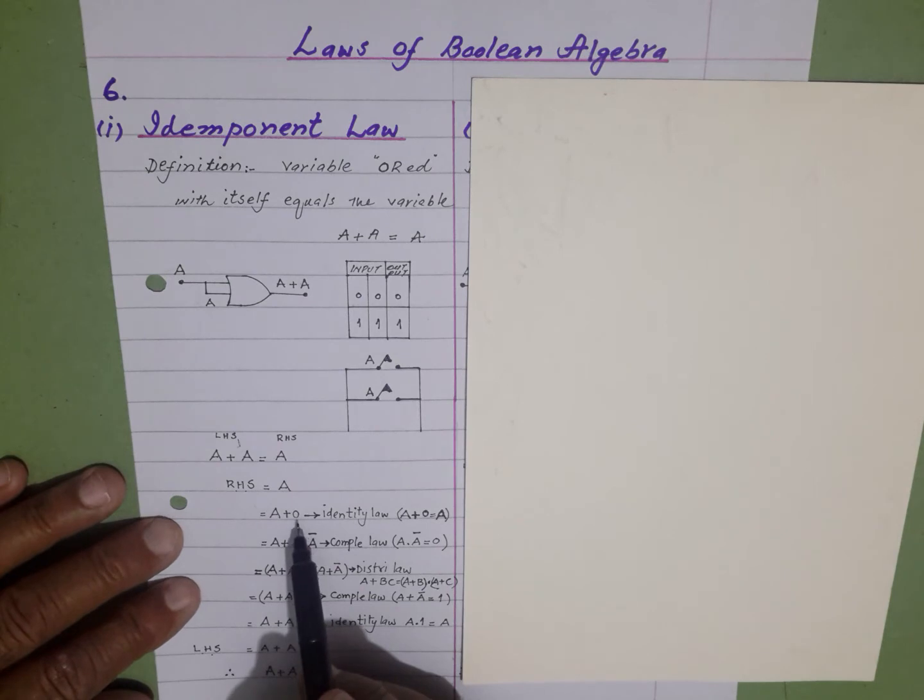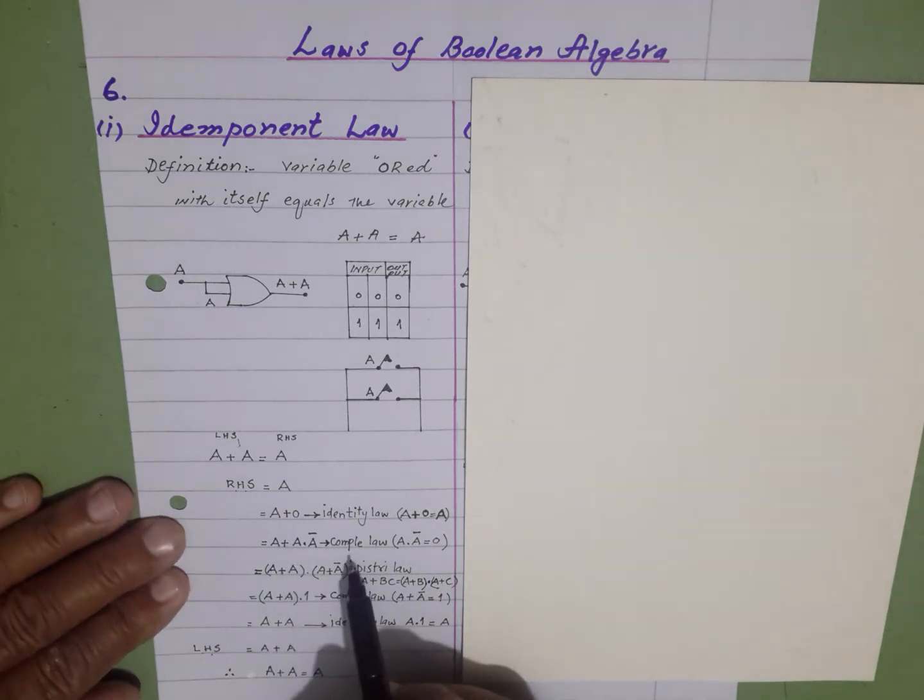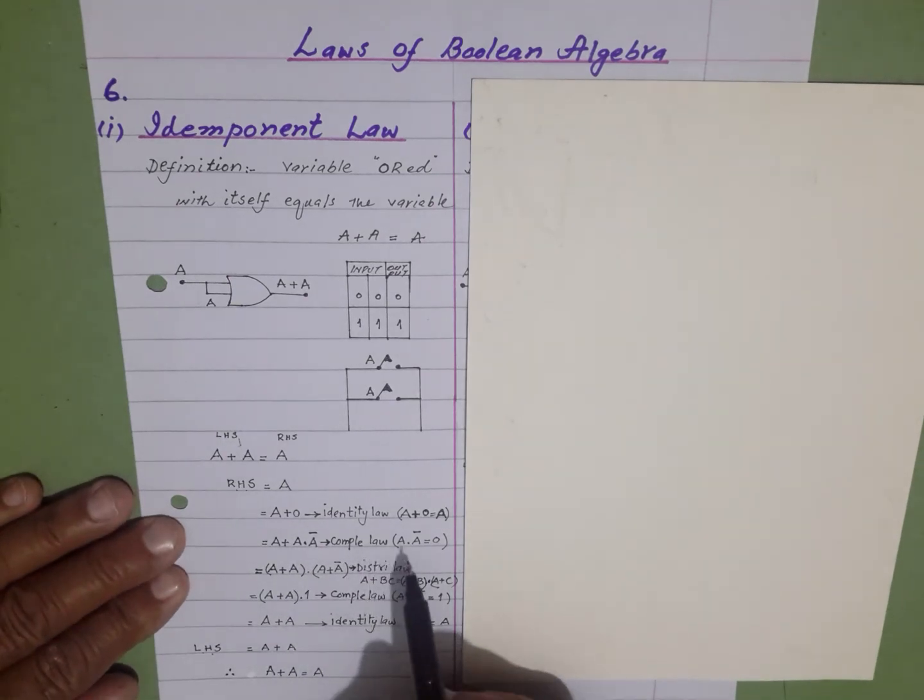And in place of 0, we can write A dot A bar, and this is nothing but the complement law, which says a variable multiplied by its complement is equal to 0. In place of 0 we can write this.